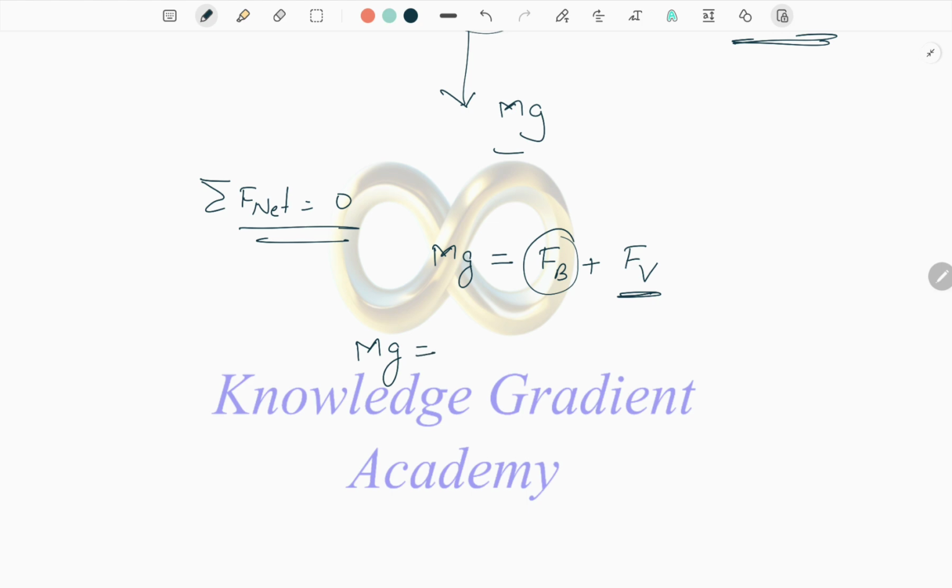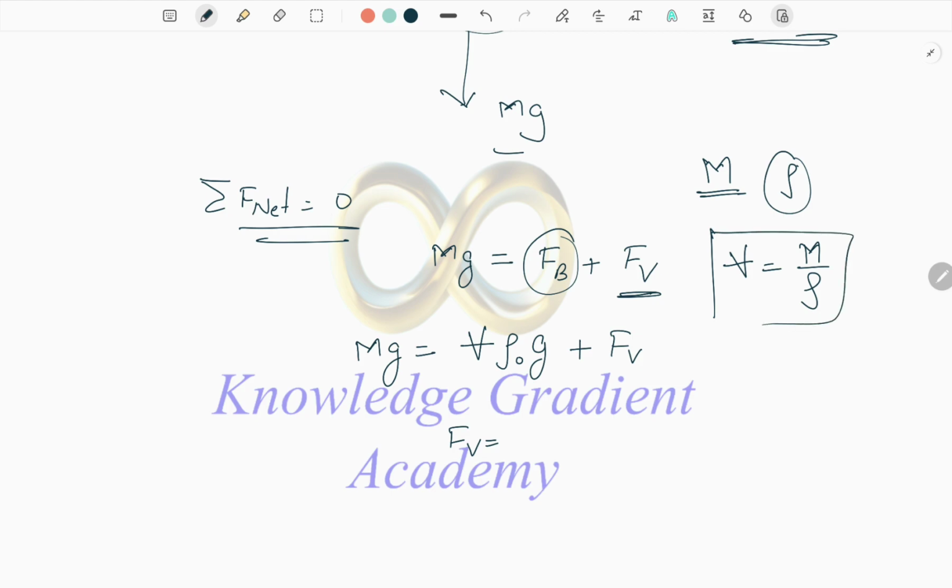So mg is equal to volume into density into g plus Fv. So Fv is equal to, we know the mass of the ball is m, and density is rho. So volume is equal to mass upon density. So we use this volume.